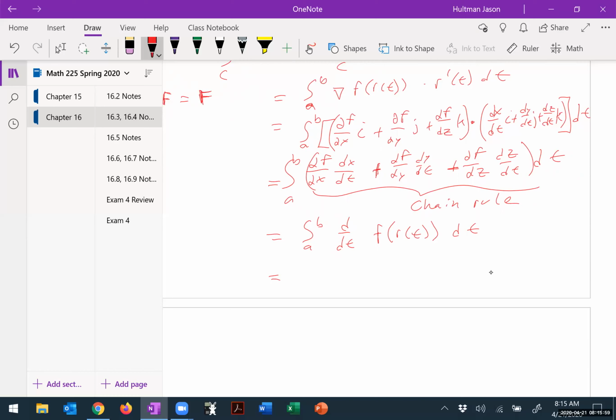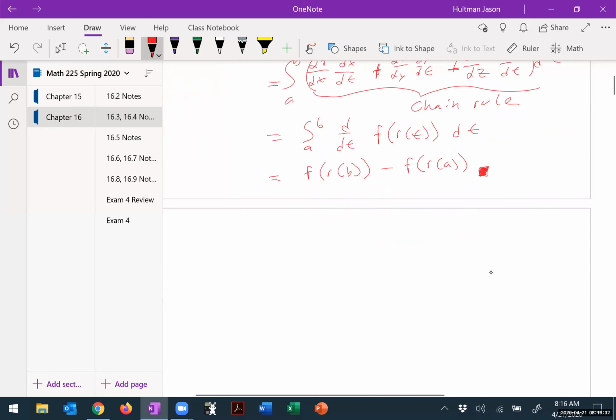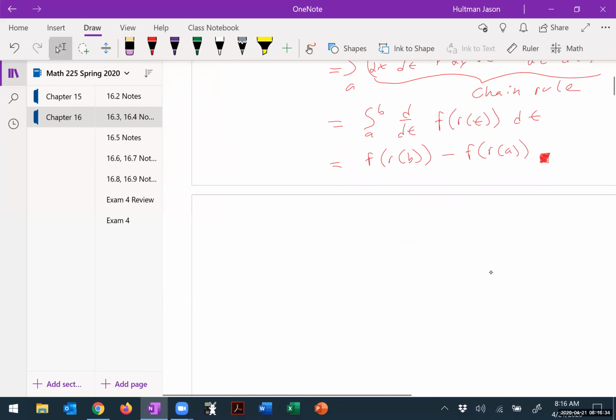So what happens when we take the derivative and the antiderivative? Well, they cancel each other out, right? But they don't just cancel each other out because we have a definite integral here. It becomes f of r of b minus f of r of a. Okay, and I'll put my little square, which means QED, which is Latin for quod erat demonstrandum, or it has been demonstrated, or we are done. That's what it means for that one.